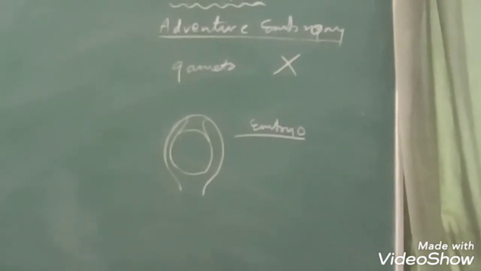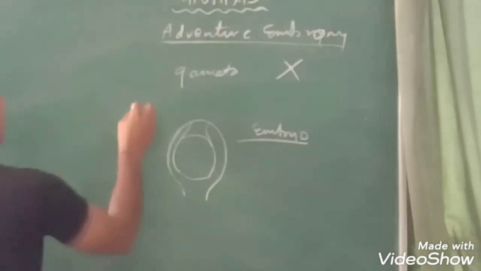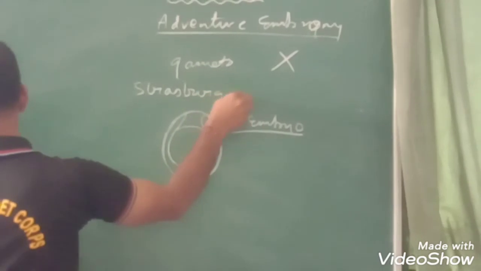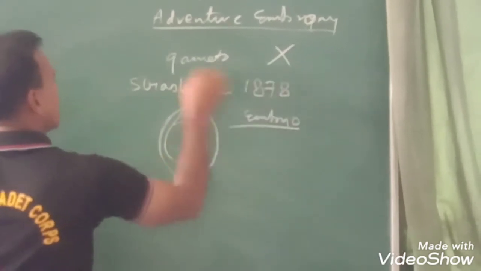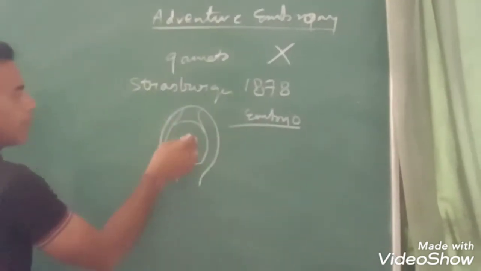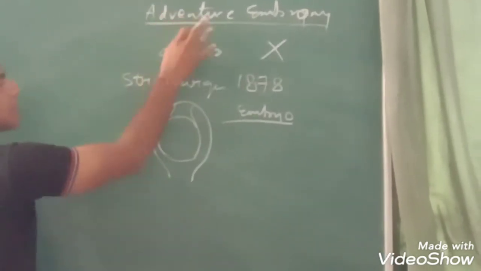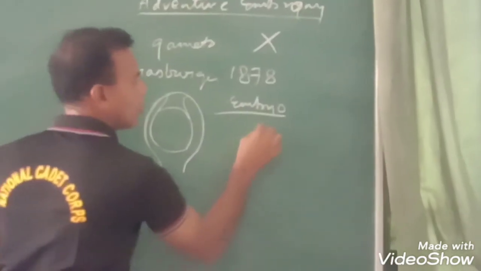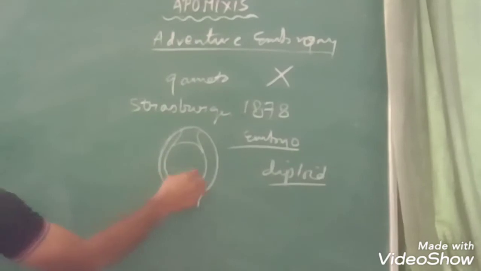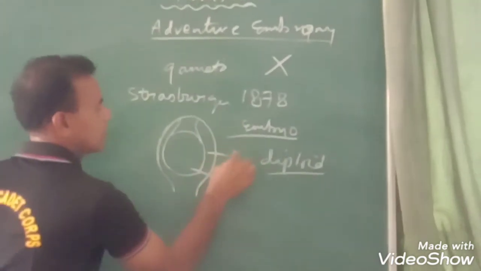It was first given by Strasburger in 1878. Now, the embryos formed by this type of method are always diploid in nature, from integument or from nucellus.